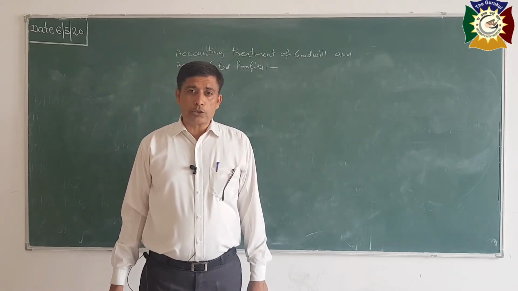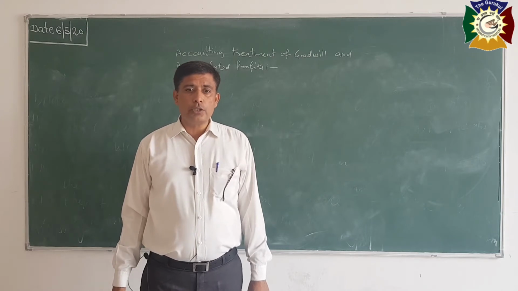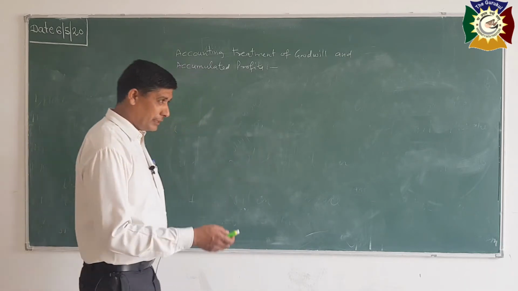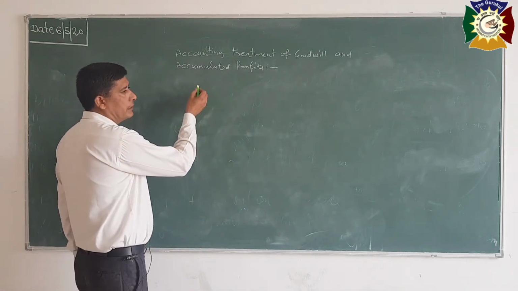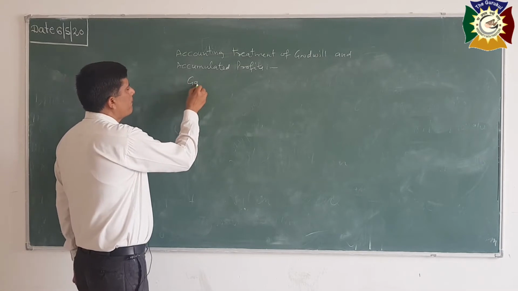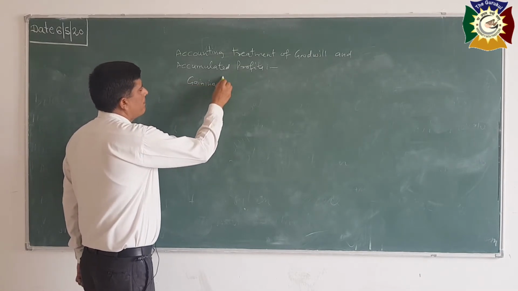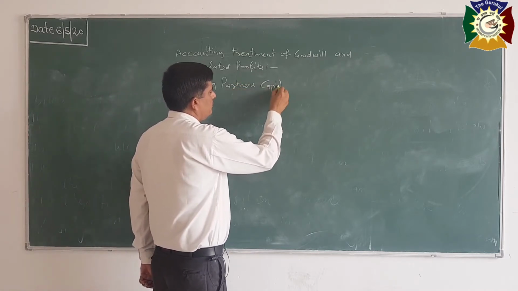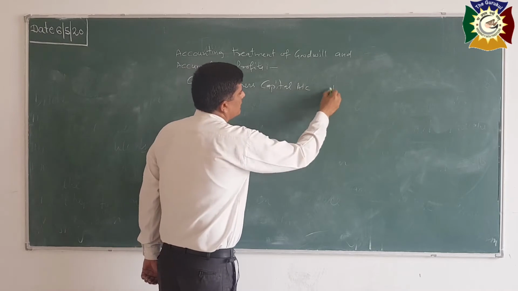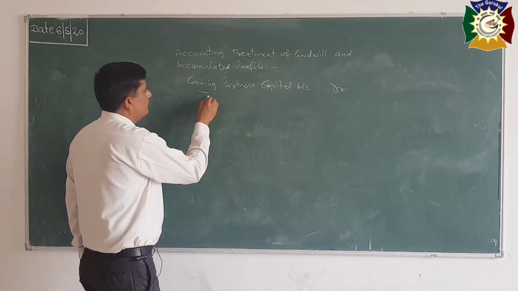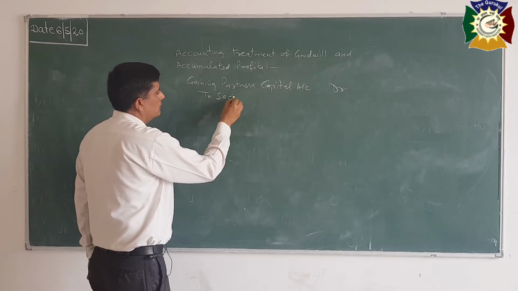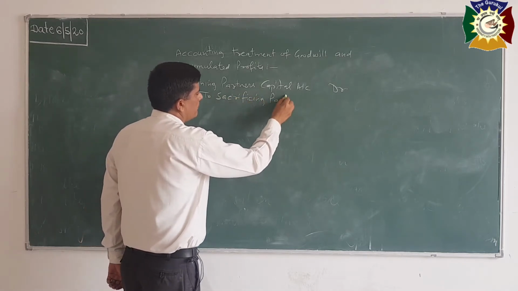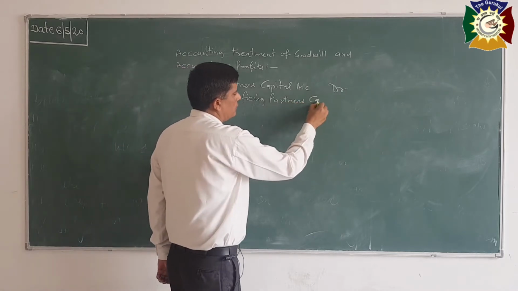To adjust goodwill in books of accounts, we pass an adjustment entry, and the adjustment entry for goodwill will be: debit the gaining partners' capital account, credit the sacrificing partners' capital account.